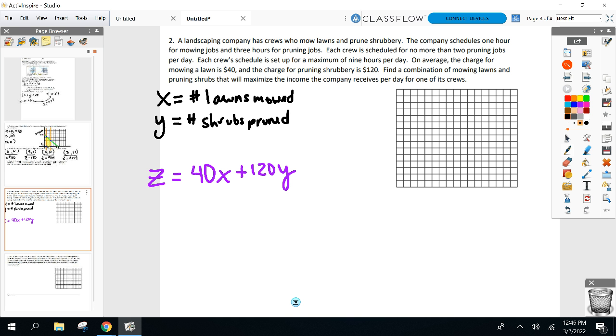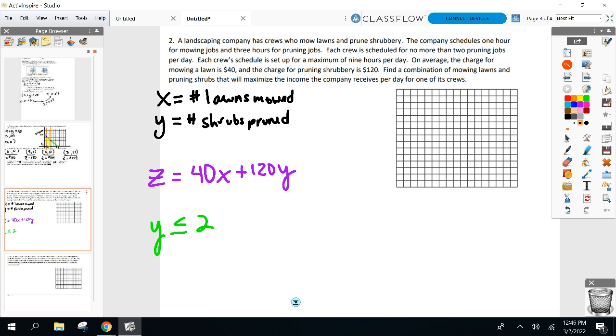Got an inequality for me that says no more than 2 pruning jobs a day? So you can only do no more than 2 of them. That's the restriction. Prunings are a long process. There was a guy that pruned my lawn for like 6 hours.